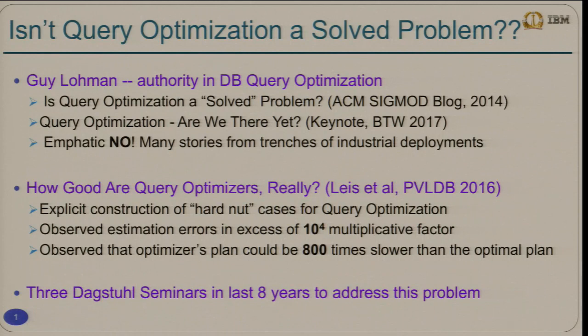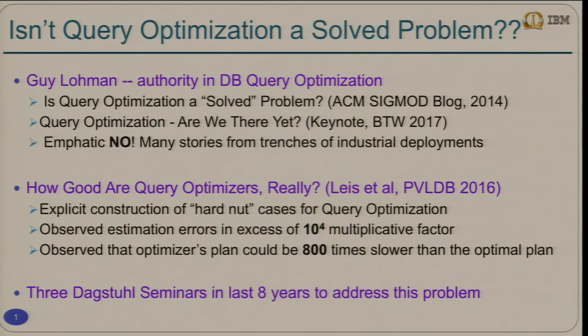The other is this very interesting work by Leis and others from Technical University of Munich. They have been characterizing how good these query optimizers are. They have explicitly constructed what we call hard-nut cases for query optimization. These are hand-constructed benchmarks which are difficult for query optimizers to do well on.